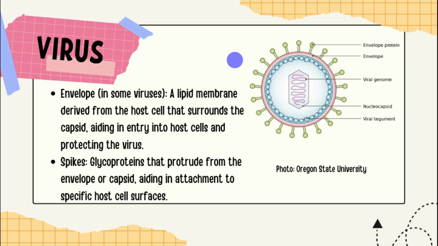So if you really look at it, the envelope, right? This envelope is made up of a lipid membrane that is derived from the host cell and surrounds the capsid, and basically it helps it to enter host cells. So basically this envelope is meant to secure the contents of the virus, if we're being specific.